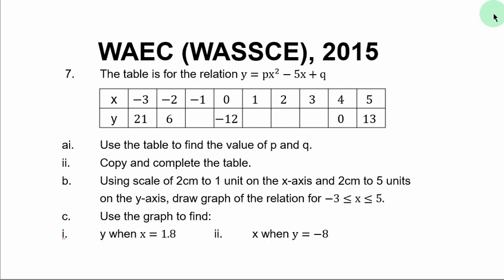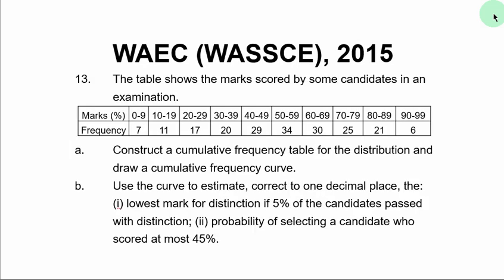This question is special because you need to get the value of P and Q before you can complete the table of values. 2015, you have another graph, statistics graph.